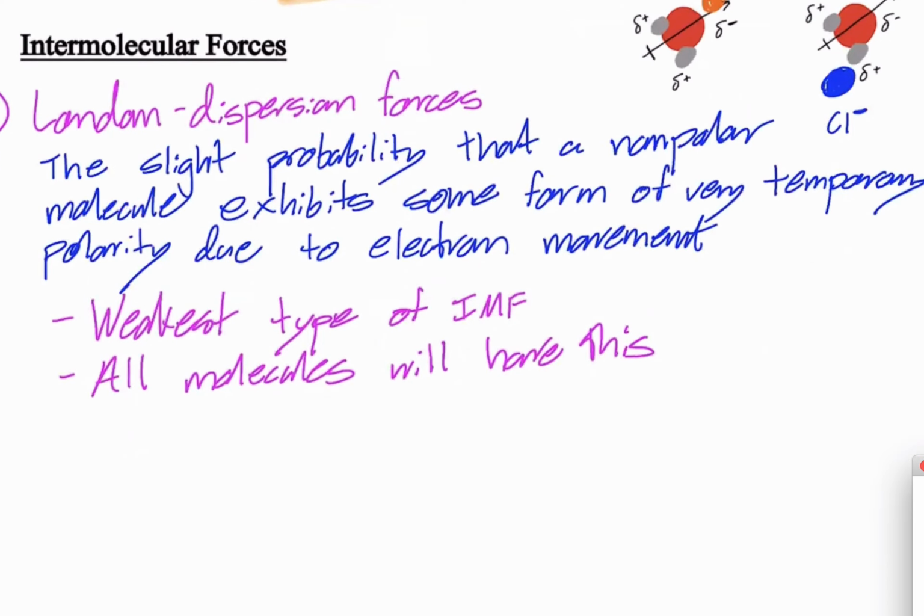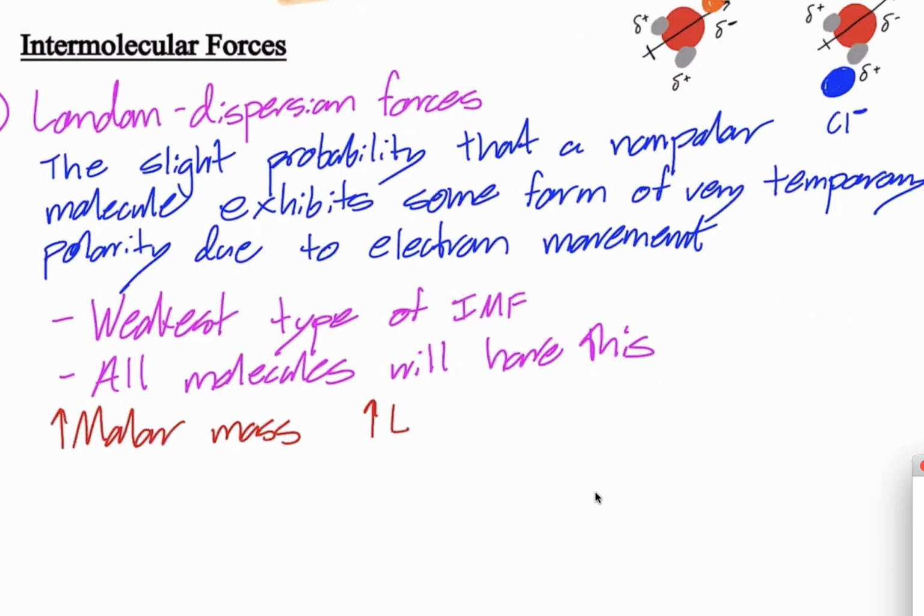And so now we want to talk about which molecules are going to have higher IMFs and which ones are going to have lower IMFs, okay? So when you have a higher molar mass, then the London dispersion forces, LDF, are going to increase.